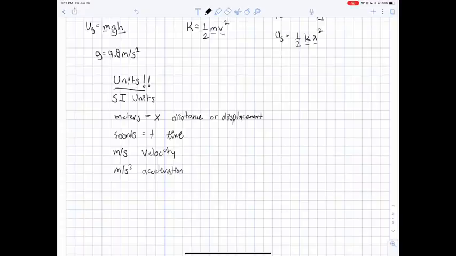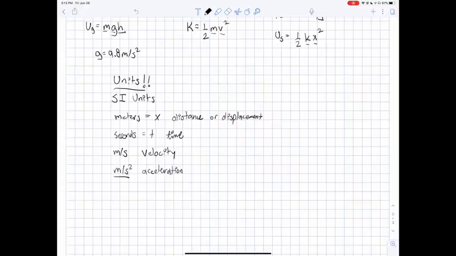Now, you might see that this is the same as this unit right here. And of course it is, because gravity is an acceleration. You accelerate downward. It's like if you jump up, gravity accelerates you back downward.